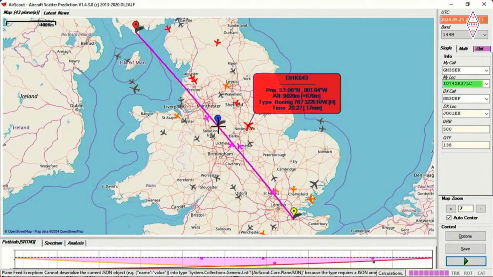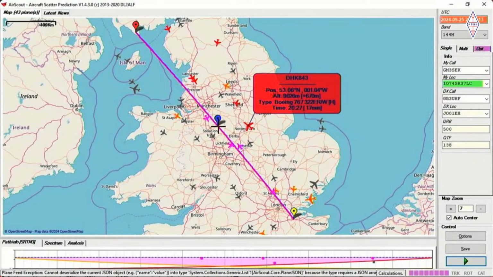It will also do the terrain profile and the little diagram of the scatter zone, showing in this case where each of the 4 aircraft is, 1, 2, 3, 4, along the line between the two stations. But normally I drag that down and try to maximize the map area. There's a great deal more about that.